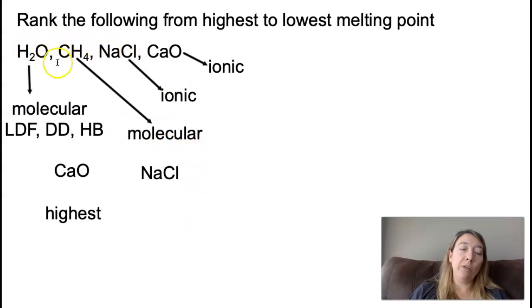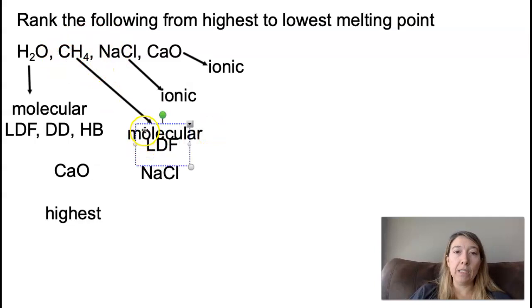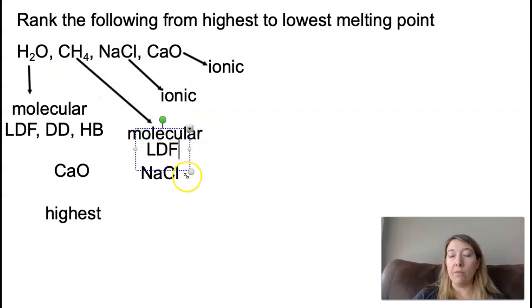So now if we go over and look at methane, so again, it's molecular, so it automatically has London dispersion forces. We next need to decide if this is polar. So methane, if I were to draw this out, has a tetrahedral shape, carbon in the middle and 4 hydrogens around it.